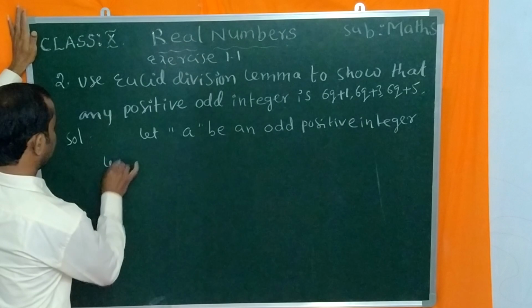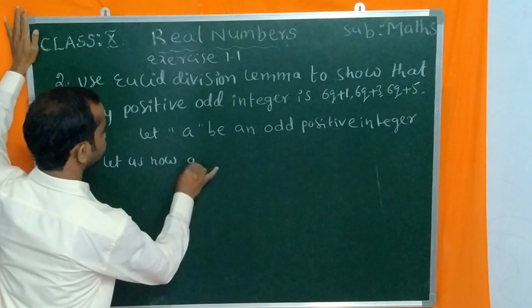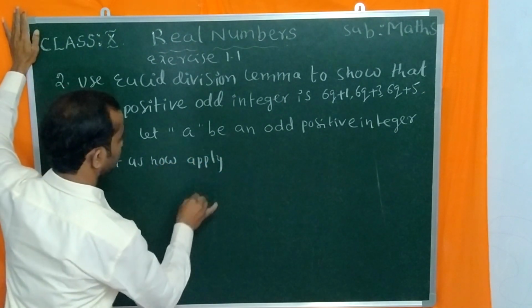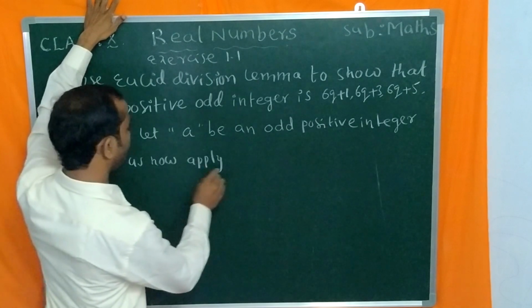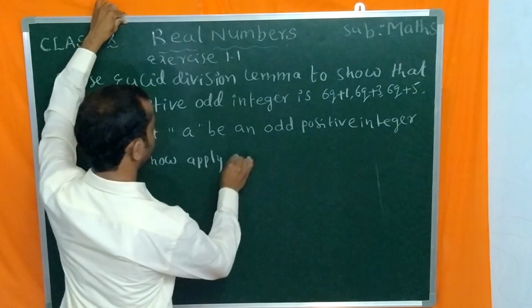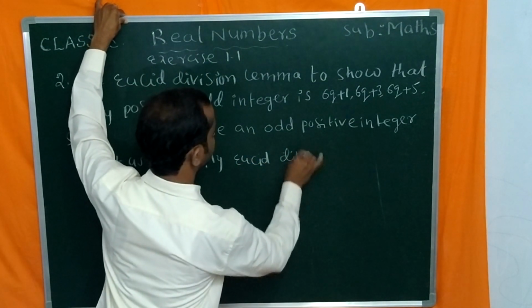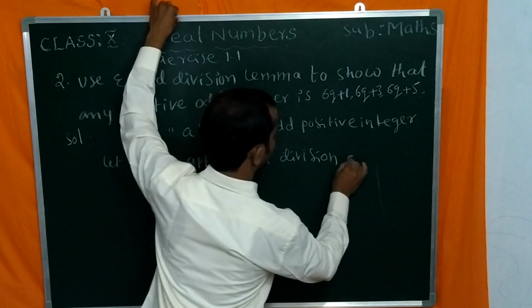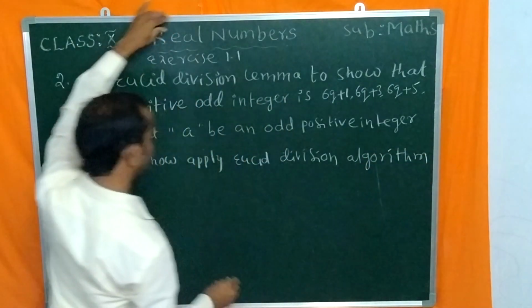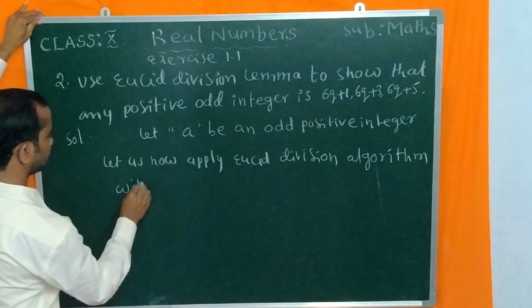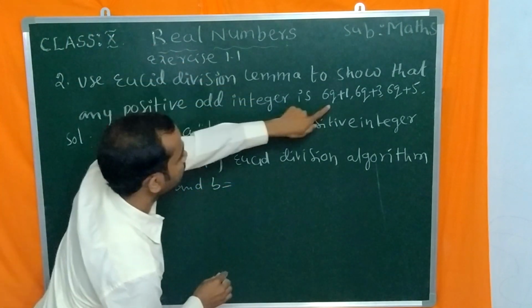Let us now apply the Euclid division algorithm with a and b equal to 6.